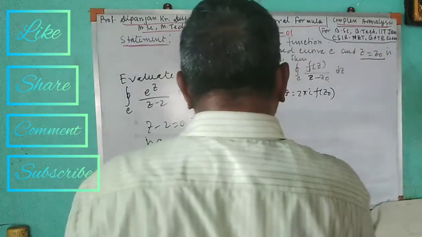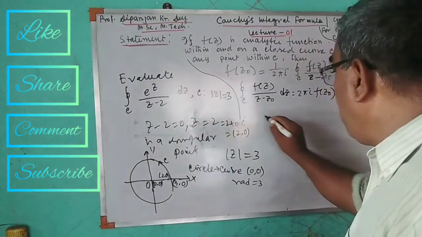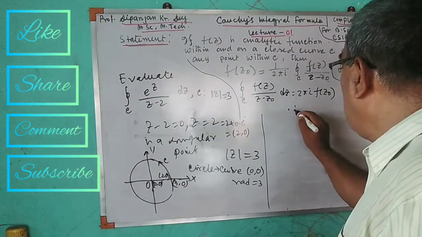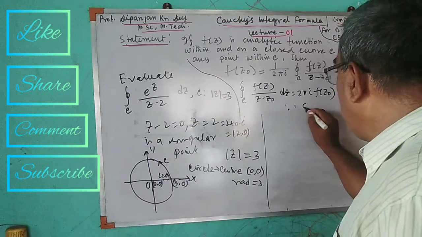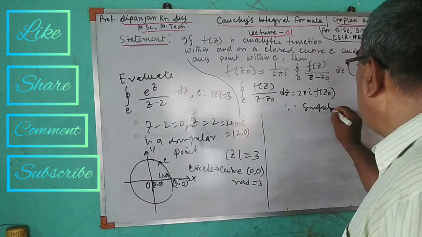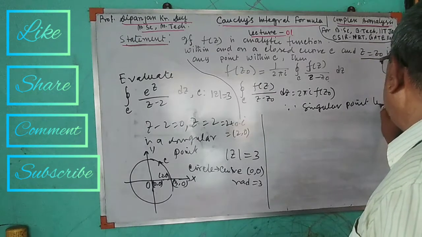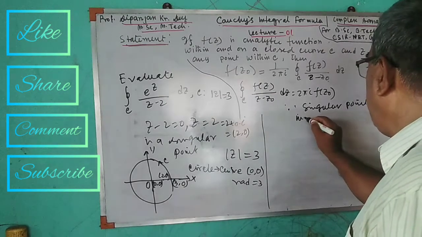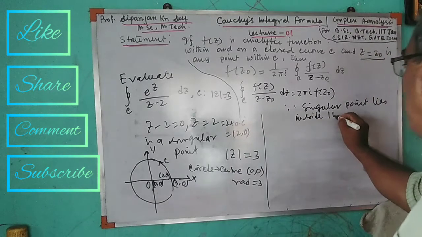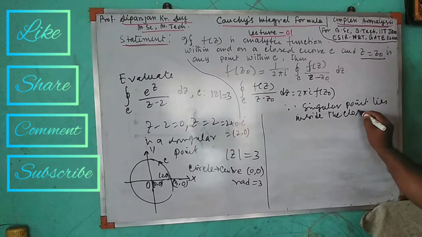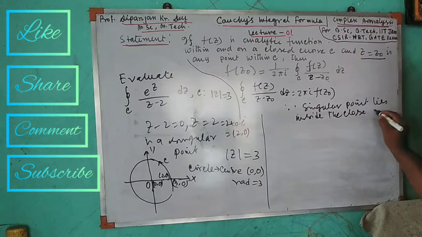Now you have to write this part: since the singular point lies inside the closed curve C, that is, inside the circle.